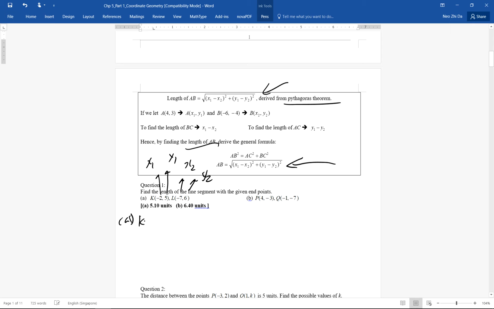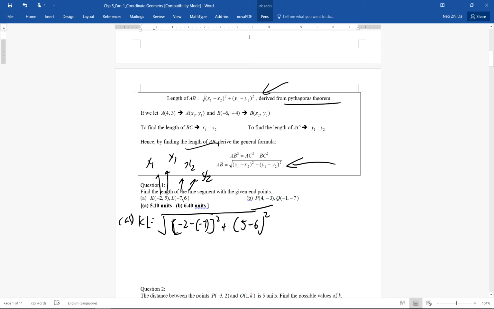So now it's KL. Square root of bracket x1, so -2 minus bracket -7, a big bracket, squared, plus y1, 5 minus 6 bracket squared.